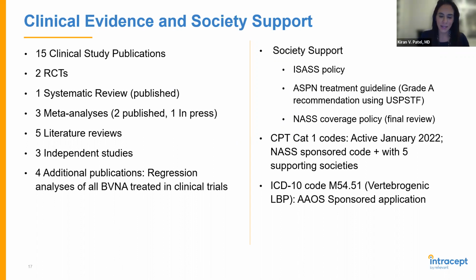The ISASS, as well as the ASPN treatment guidelines, which provided a grade A recommendation using the US Preventive Services Task Force quality measures in terms of conveying that grade of appraisal of evidence. And we have a CPT category 1 code active as of this year, January of 2022, and a NASS sponsored code with 5 supporting societies.